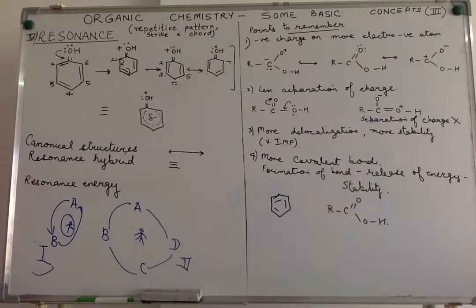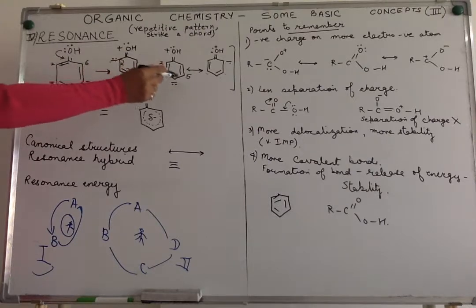That is why this phenomenon is called resonance, wherein the electron pair is getting distributed over or spread over the entire structure rather than remaining localized, rather than remaining fixed over one particular atom. So in resonance, it is the delocalization of electrons which is taking place.